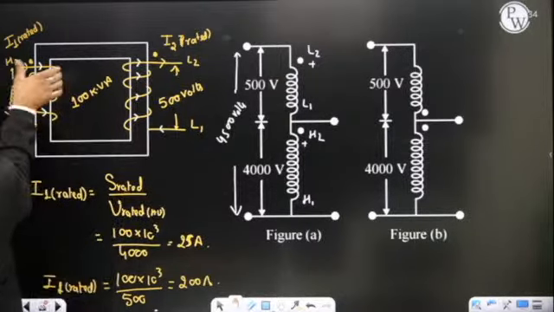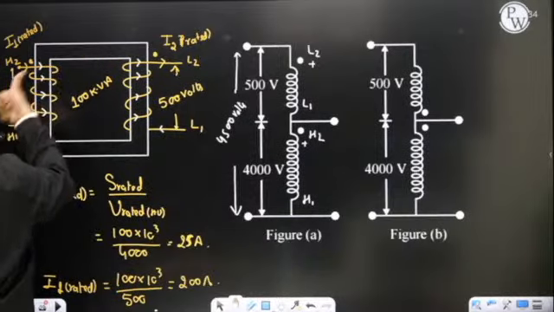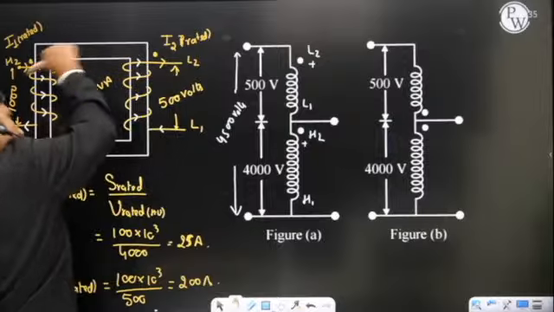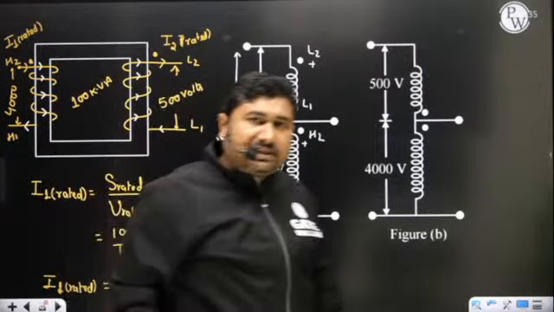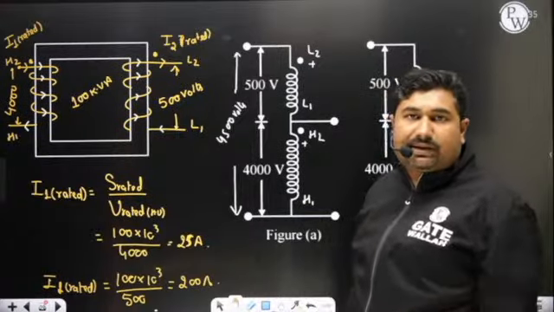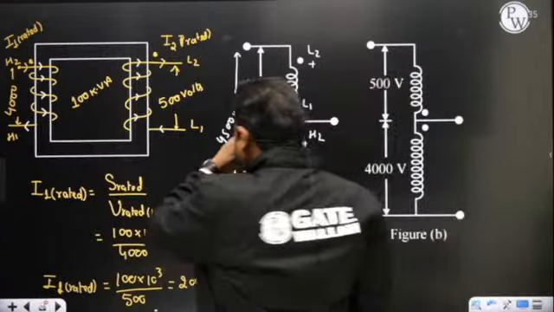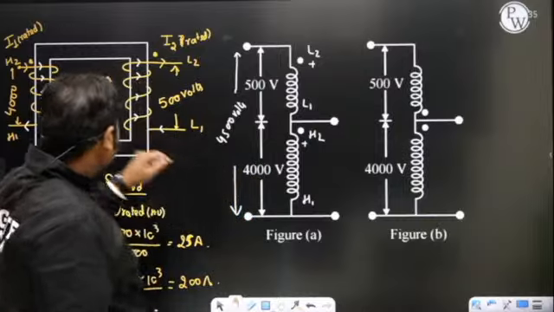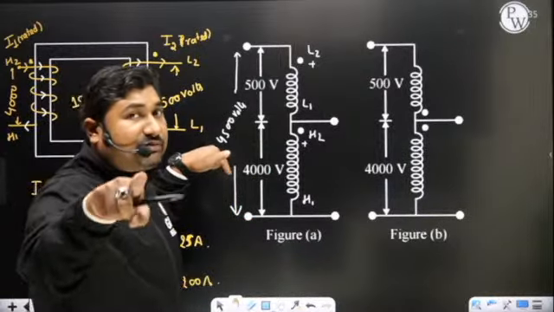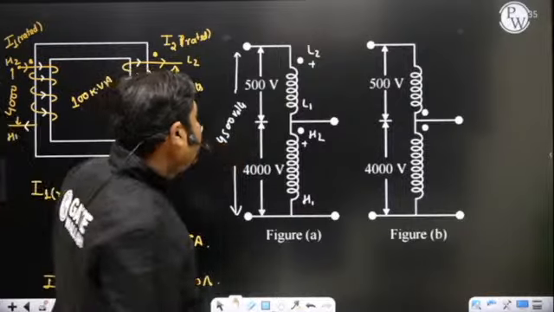So if the current is entering through one dot, it will create MMF in this way. This current must leave through the dot so that it will create MMF opposing the main MMF. That is the only way we can use any transformer. Yes, sir. So this indicates if the current enters through one dot, then at the same time current must leave through the other dot in the magnetically coupled winding.